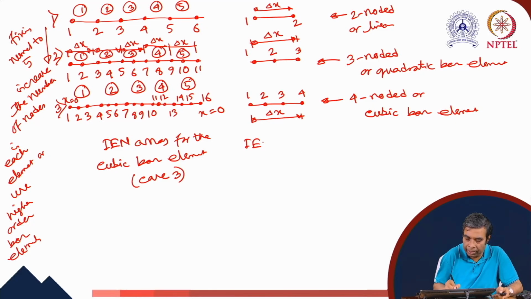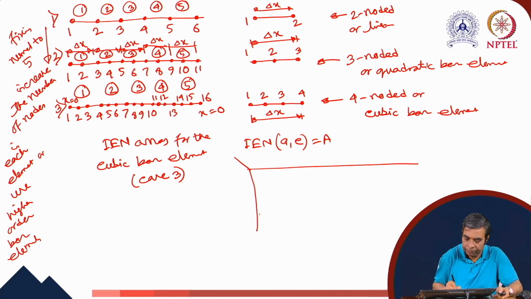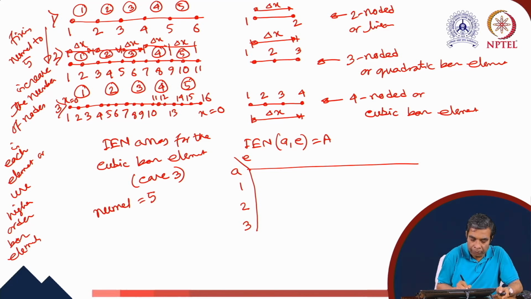Our definition is IEN(A, E) equals capital A. Here A is varying from 1 to 4 for this case. Our nel equals 5. Then E is varying from 1, 2, 3, 4, 5.